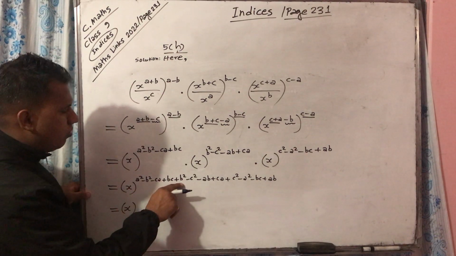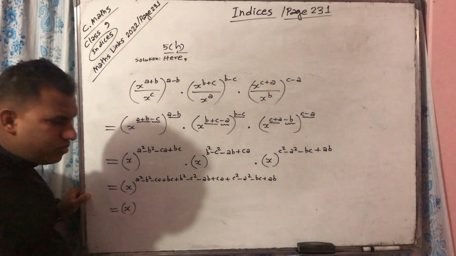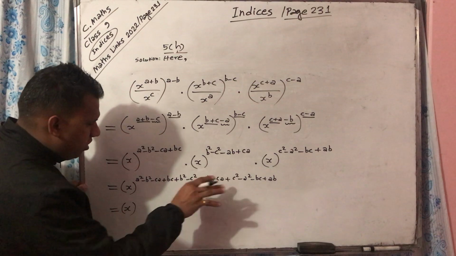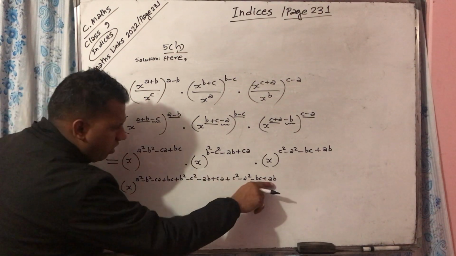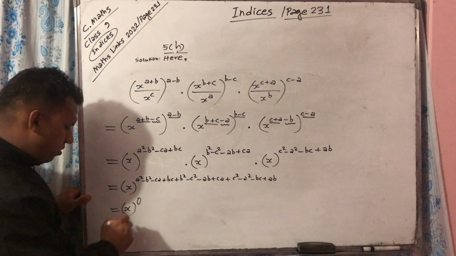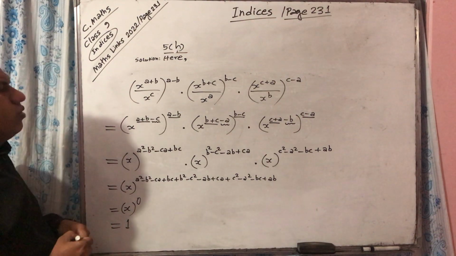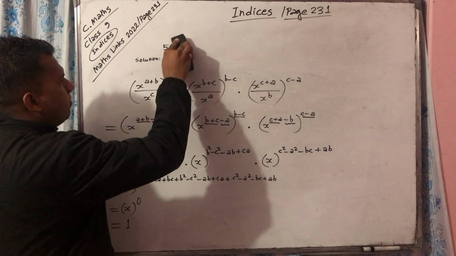Negative b square, positive b square. Negative c square, positive c square. Degree 2 terms cancel. Now negative ca, positive ca. Positive bc, negative bc. Positive ab, negative ab. So all cancel each other, so the power is 0. So the answer is 1.